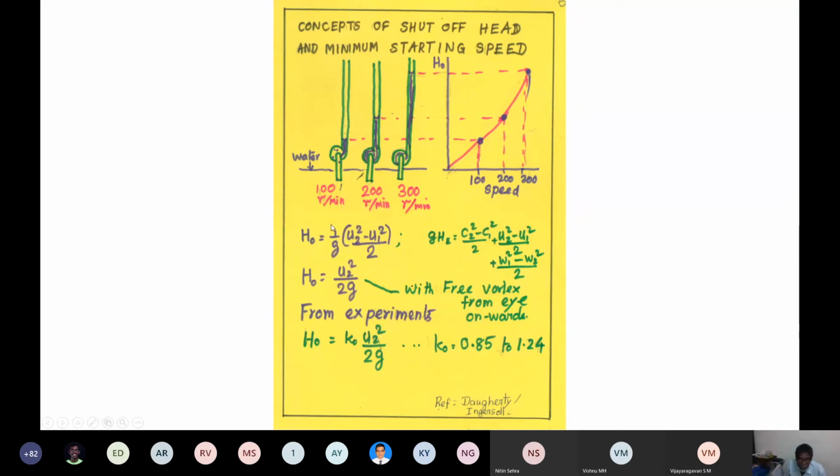This you can get from the idea of the forced vortex. You take fluid in a container and you rotate it. You might have studied this in your fluid mechanics class, usually under fluid statics. Fluids under relative equilibrium.